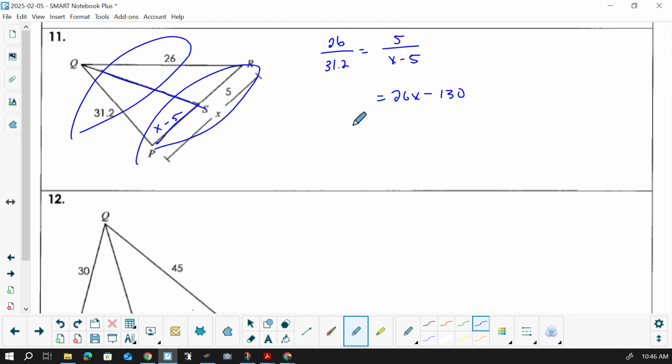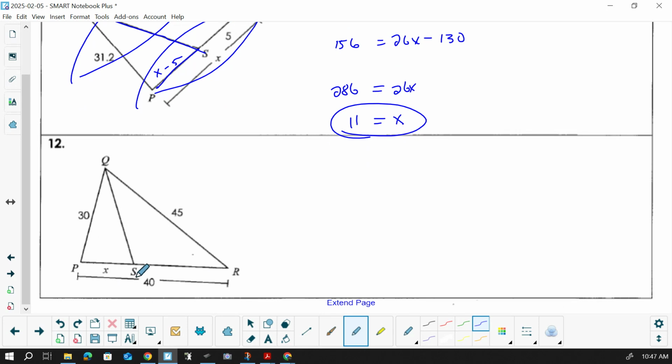And the other way, 5 times the 31.2 is 156. Add 130 to both sides, and we get 26x equals 286. Divide both sides by 26. That works out good at 11.